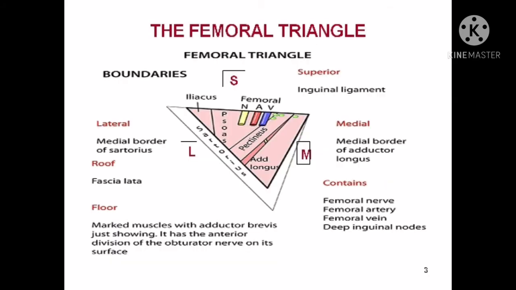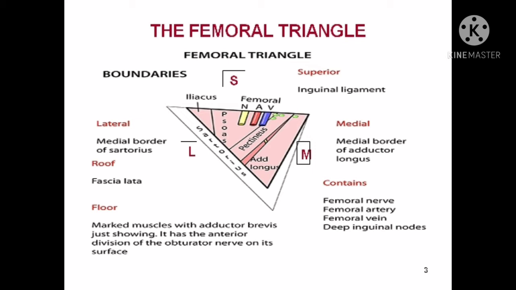In this slide before you is a triangular schematic diagram of the femoral triangle. You can see S, L and M. These are the superior, the lateral and the medial borders of the triangle. The superior border is formed by the inguinal ligament.